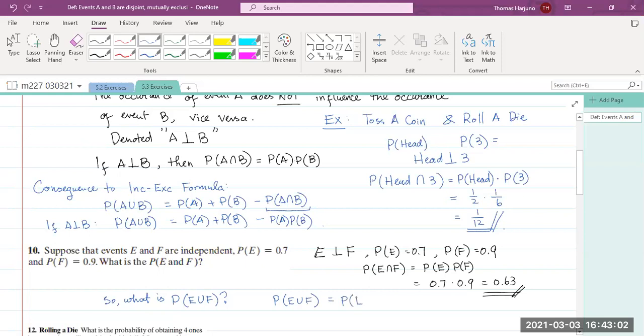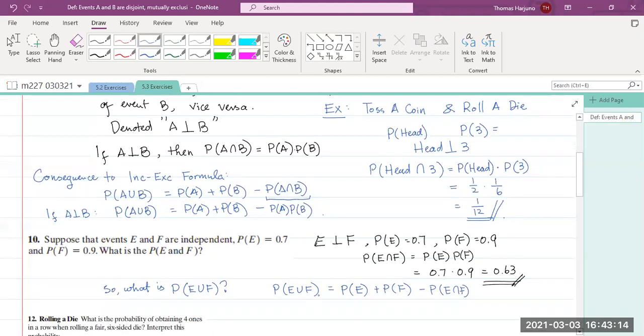Probability of the union equals the sum of the probabilities minus the probability of the intersection. Okay, that will be 0.7 plus 0.9 minus 0.63, which we already pre-computed earlier. We get 0.97. Okay, they don't ask that, but we can answer that already.